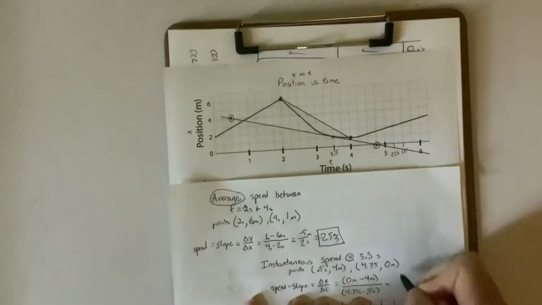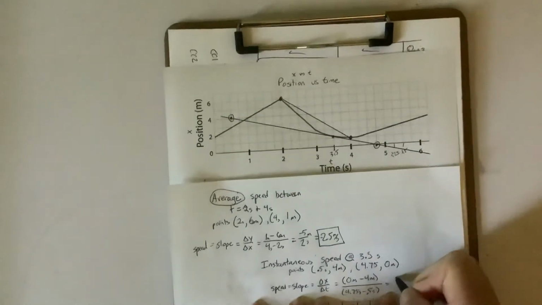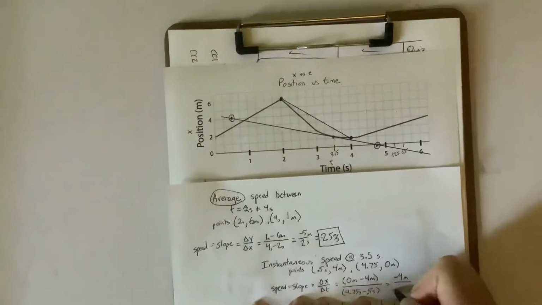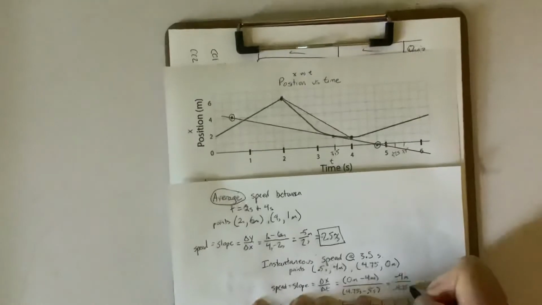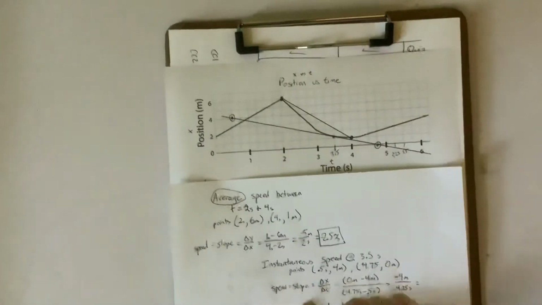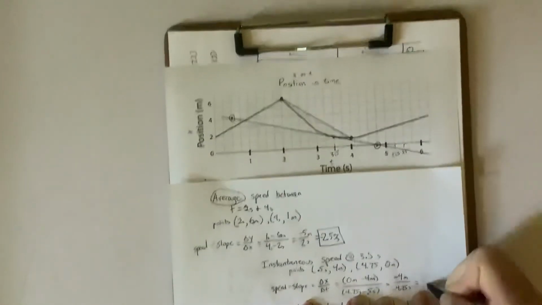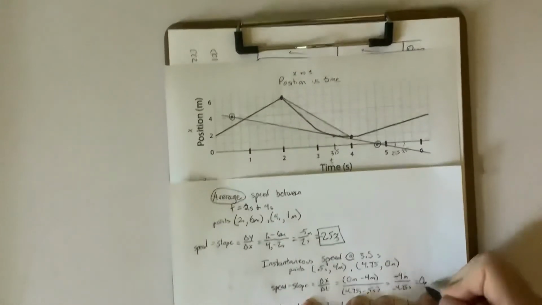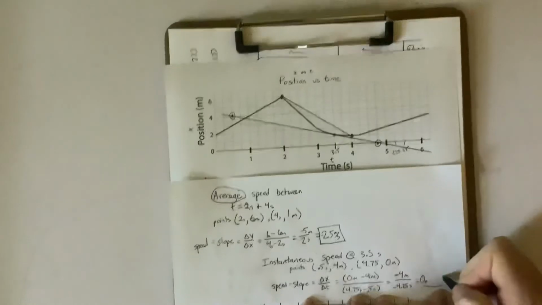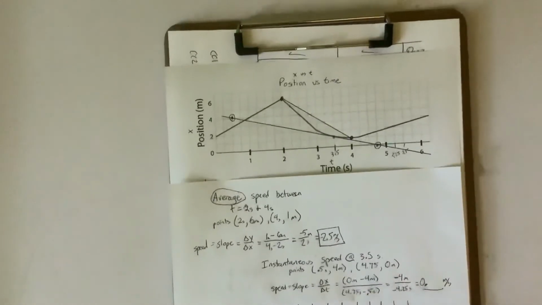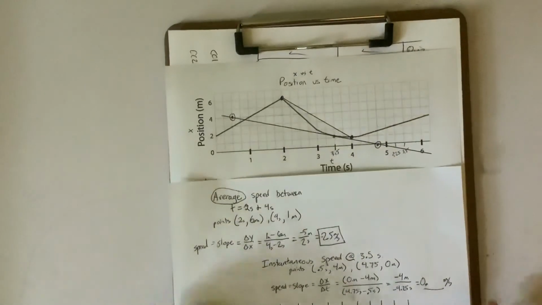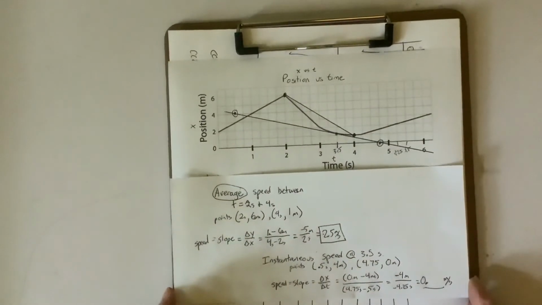Okay, well, I can do some of this math. So let's see, that's minus 4 meters on top and minus 4.25 seconds on the bottom. That's like point something. It's definitely point something. You're going to do that math and you're going to fill that in, and then it's going to be meters per second. Okay? And so that's what we're doing to find the slope on an x versus t graph.